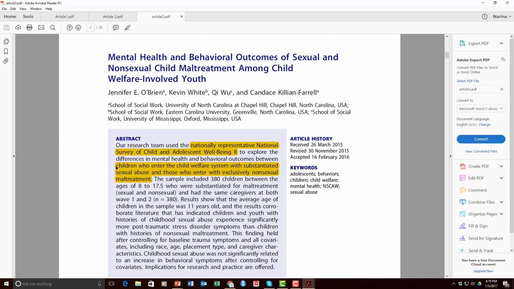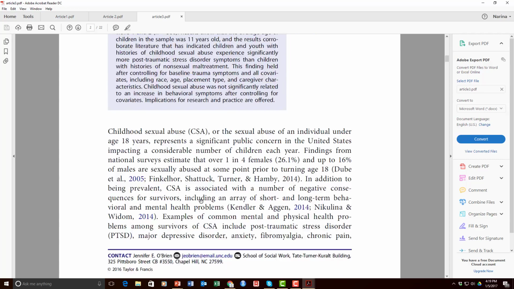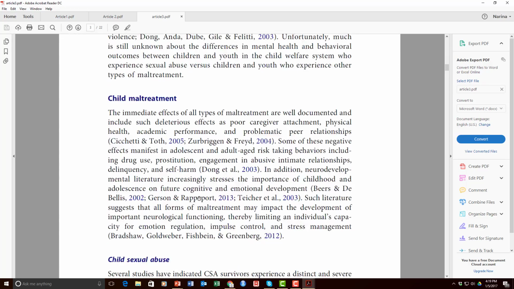They identified children who enter the child welfare system with substantiated sexual abuse and those with exclusively non-sexual maltreatment. So yes, here we have a sample where only identified children are being used. But this is a longitudinal study.